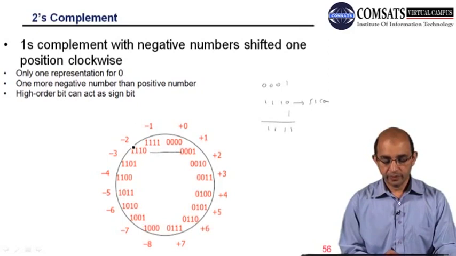If I move one bit position in the clockwise direction, this is the clockwise direction, so I will have this. This is the twos complement of plus 1.